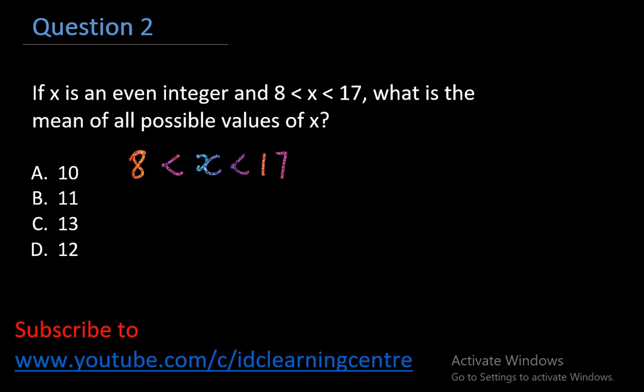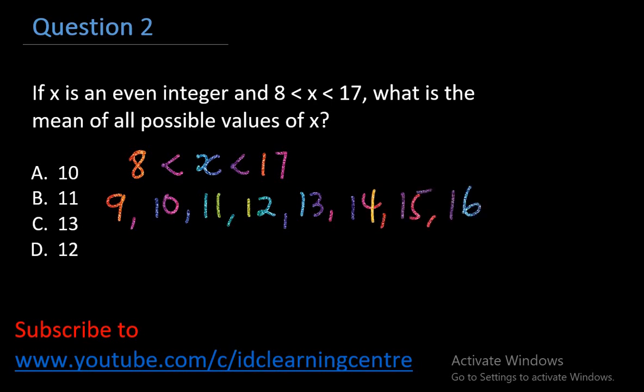Possible values of x, since it's greater than 8, will be 9, 10, 11, 12, 13, 14, 15, and 16. But x is less than 17, so I won't include 17.